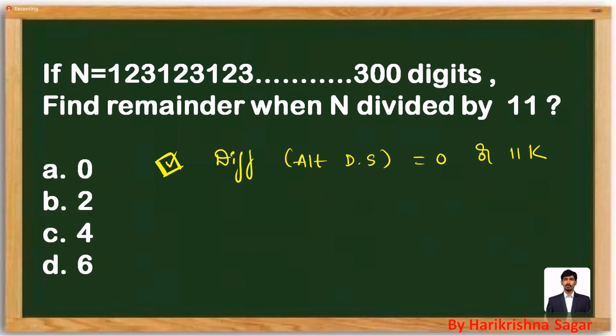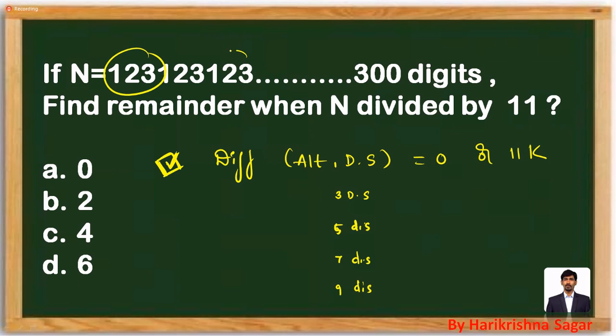It is not only the difference of alternate single digits. It can be alternate groups of any odd number of digits, like 3 digits, 5 digits, 7 digits or 9 digits.